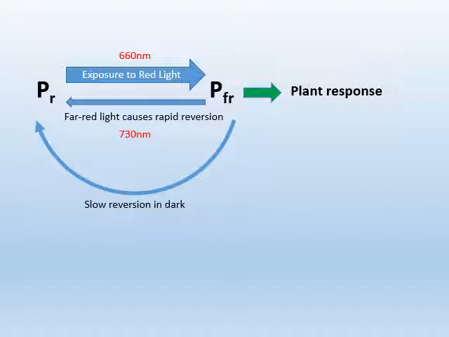One last note before I leave this slide: phytochrome slowly turns back to the PR state in the dark. So if you expose the plant to far red and it goes to the PR state, that's fine, but it also will slowly go back to the PR state in the dark. This is part of the circadian rhythm of measuring nighttime.